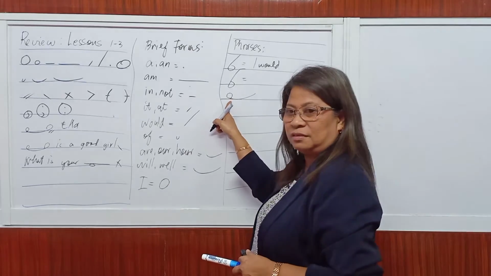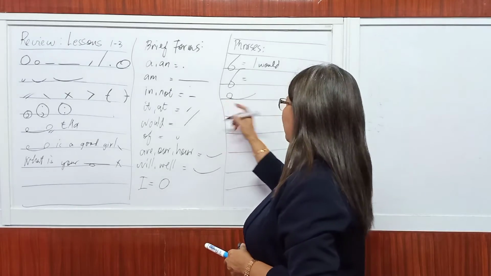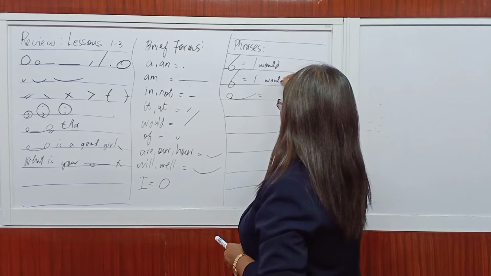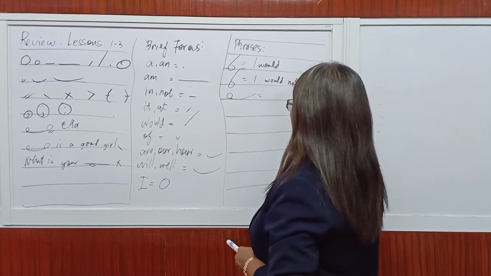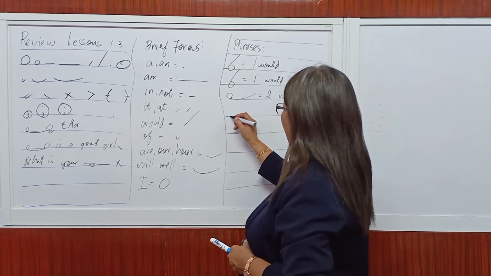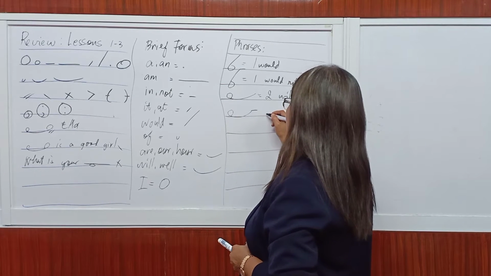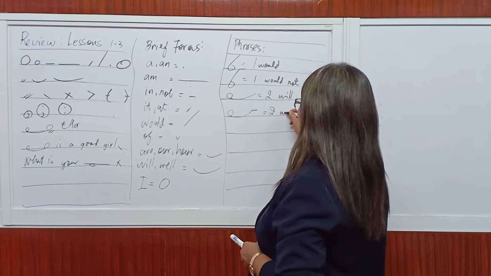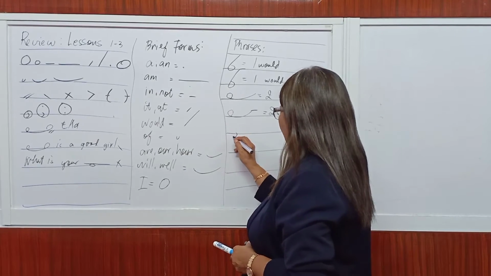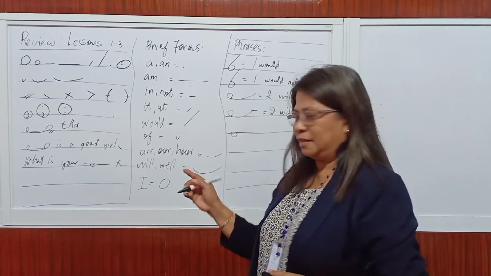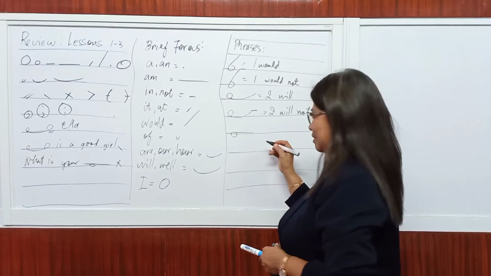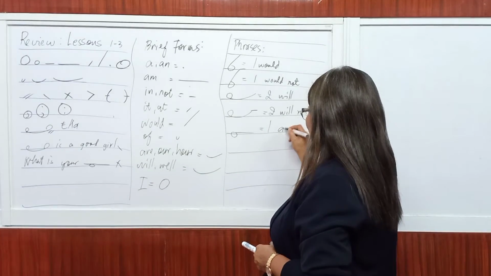Take note. Circles are written inside curves. So this one is I would not. And this one is I will. I will not is also possible. I and M. What is that? I am.